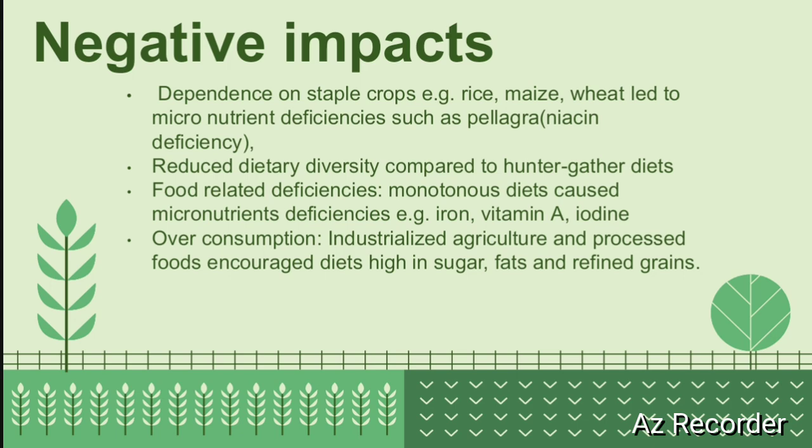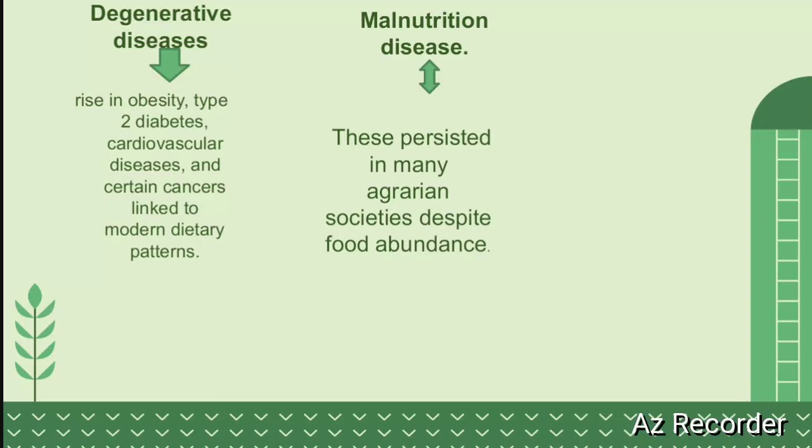Overconsumption also took place, with negative impacts. Industrialized agriculture and processed foods encourage diets higher in sugar, fats, and refined grains. This has led to diseases like gastritis in some people because they take foods that contain gluten, a protein that disturbs their tummy. So we have those kinds of diseases coming up, things like cancer.